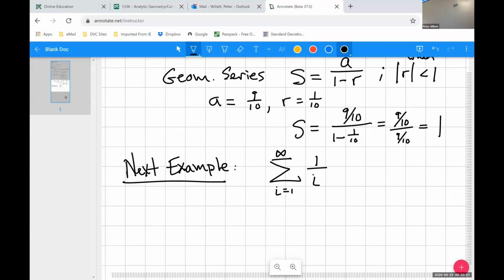So there's a name for this, but let me write out the first few terms first. When i is 1, we get 1. When i is 2, we get a half. When i is 3, we get a third, etc.